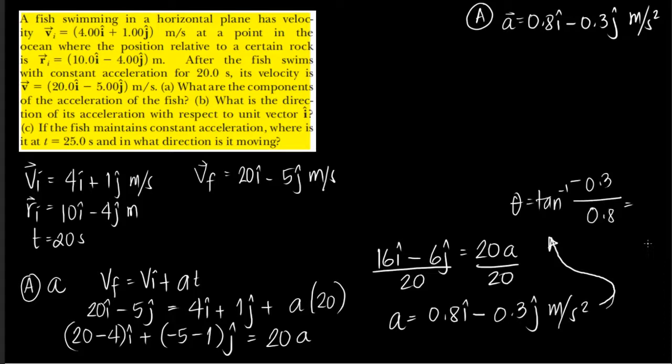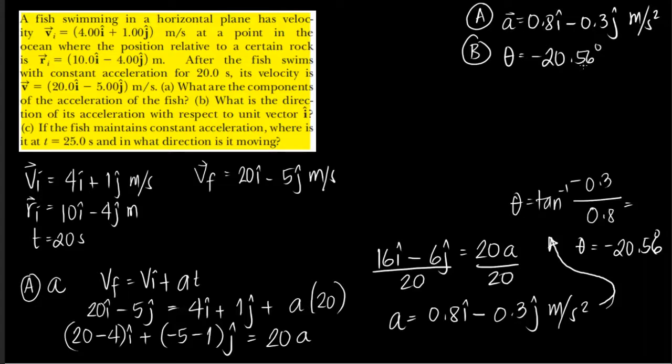Let's see here. 0.3 over 0.8, oops, negative. Okay. So, what I got for theta is negative 20.56 degrees. Okay? B. Theta is equal to negative 20.56 degrees. Okay, good.